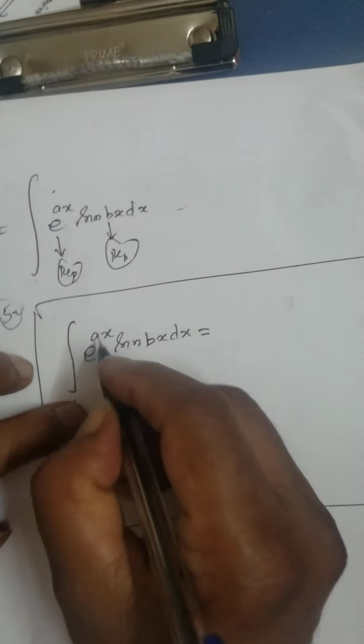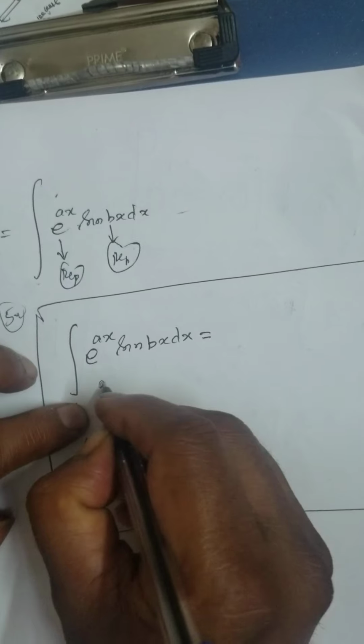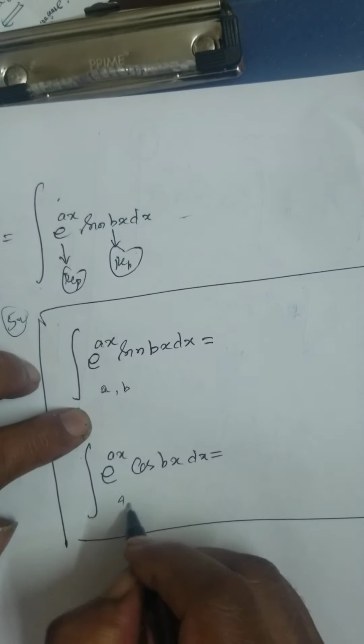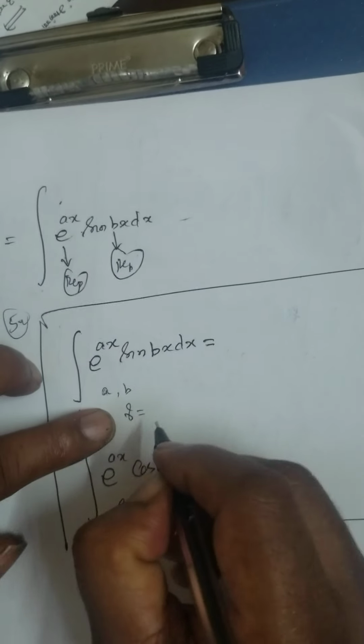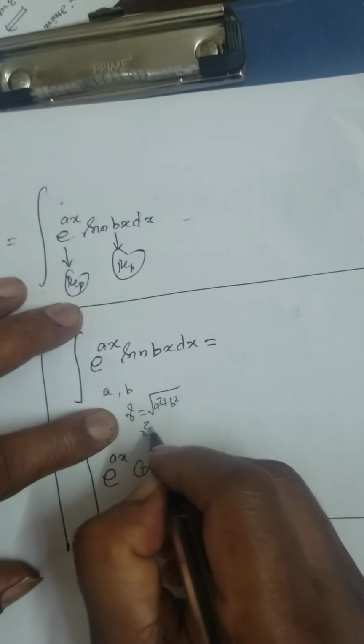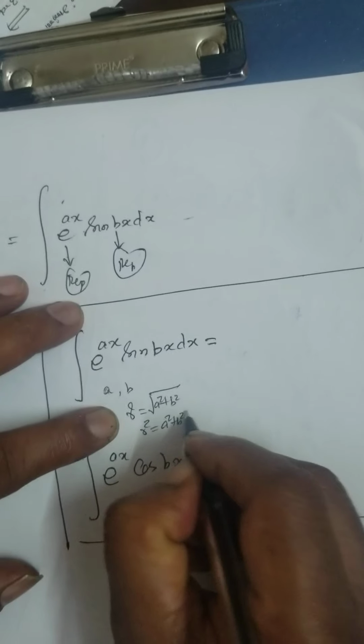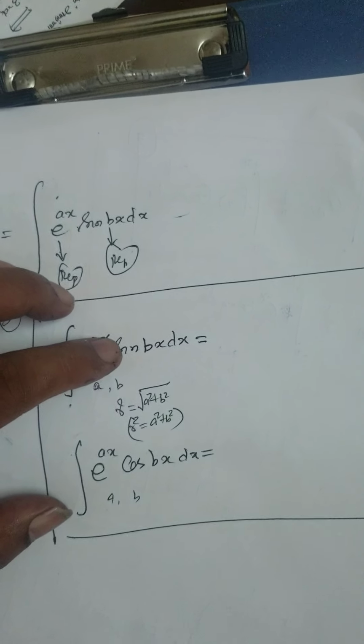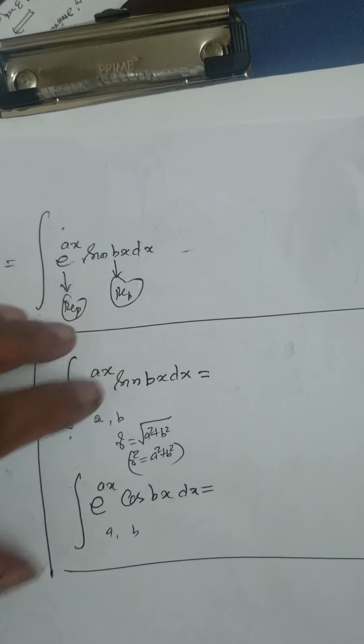Look here. What is A? A and B are given. Here also A and B are given. I will define R. R is equal to square root of A square plus B square, or R square is equal to A square plus B square. Remember, R square is equal to A square plus B square.